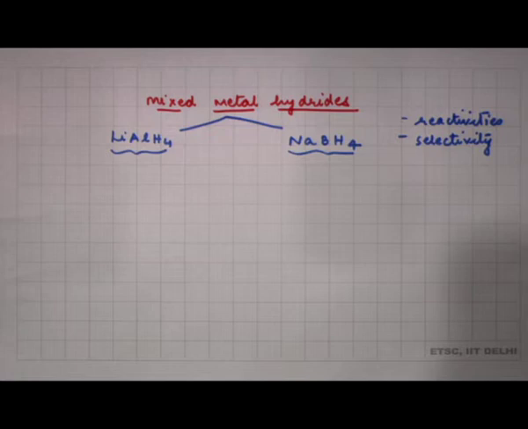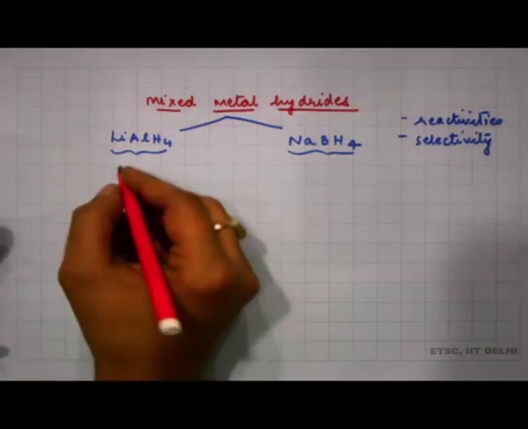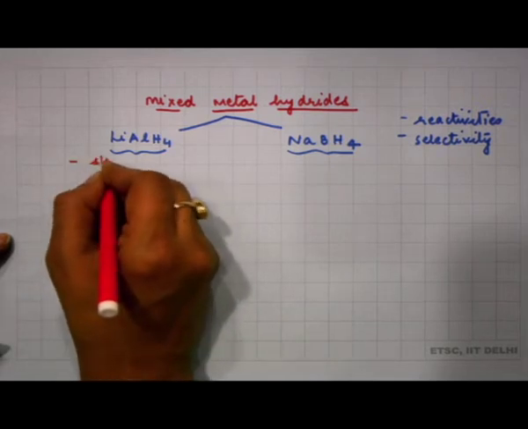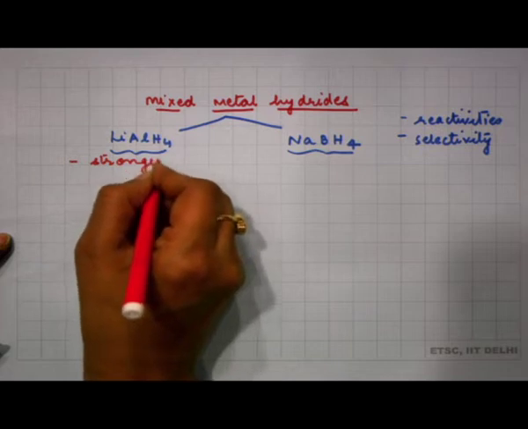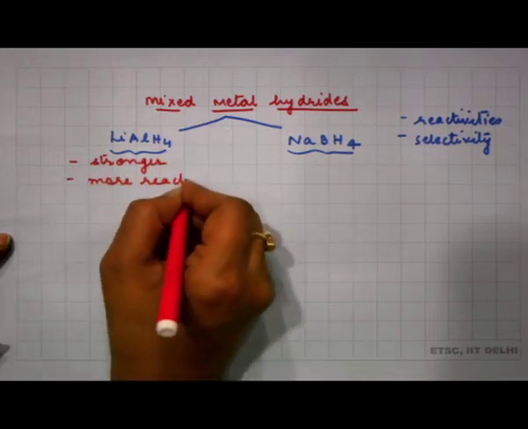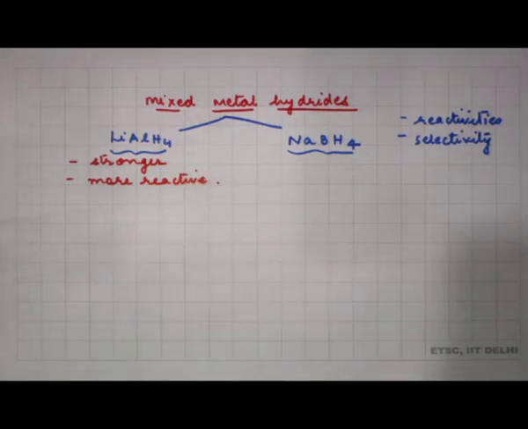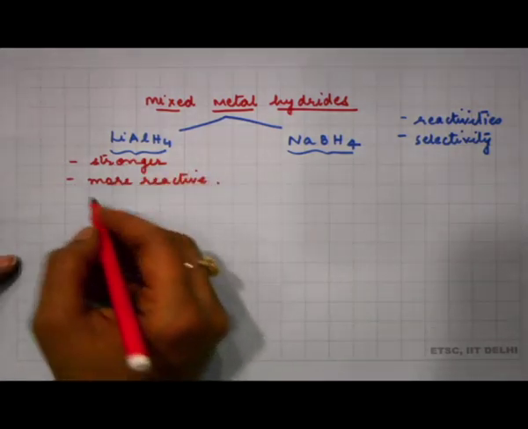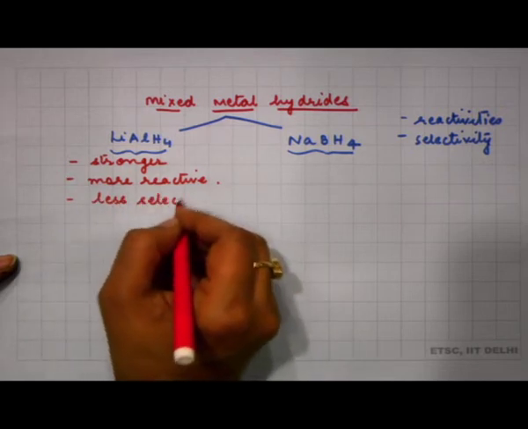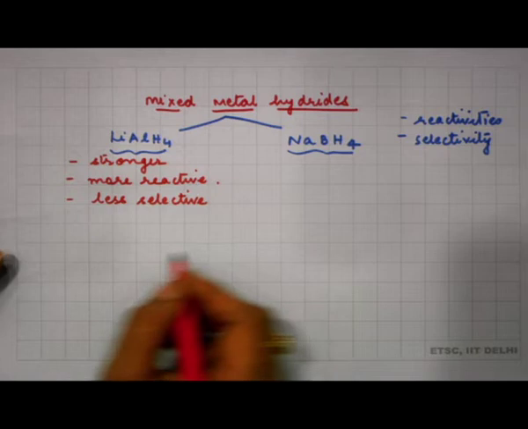So, when we compare the two, lithium aluminium hydride and sodium borohydride, the general comparison is that lithium aluminium hydride is a stronger reducing agent and it is more reactive than sodium borohydride. It is stronger, it is more reactive and therefore, it is less selective as compared to sodium borohydride.